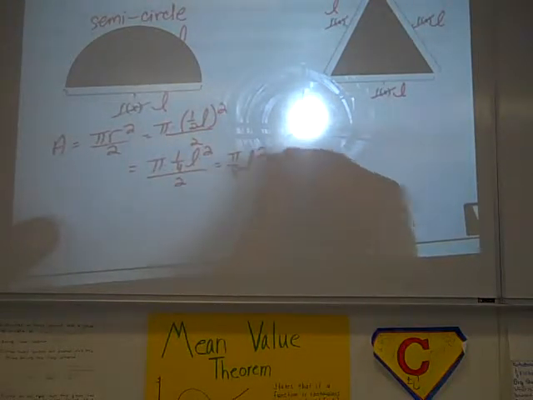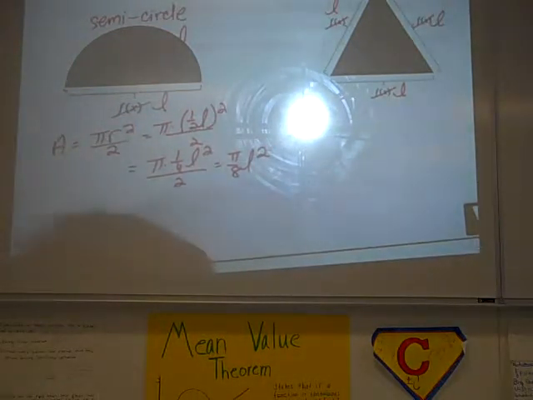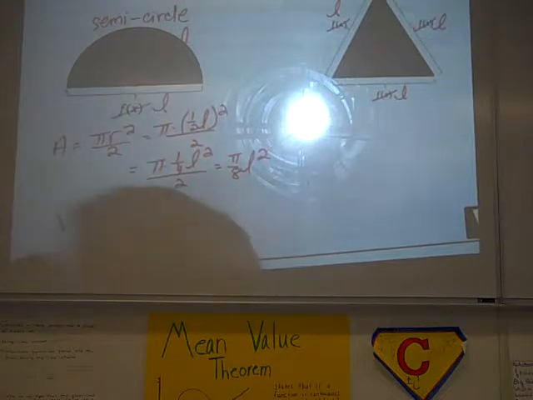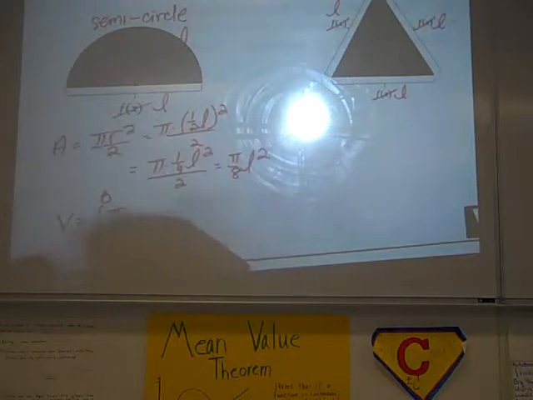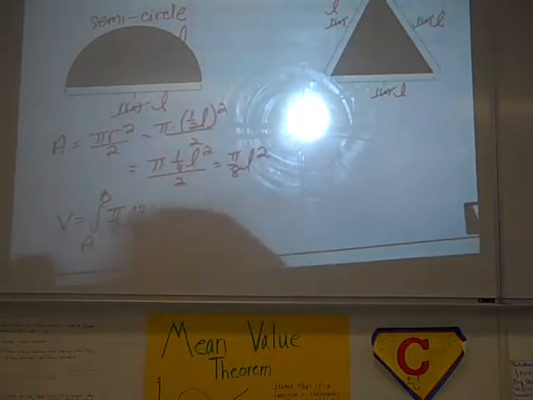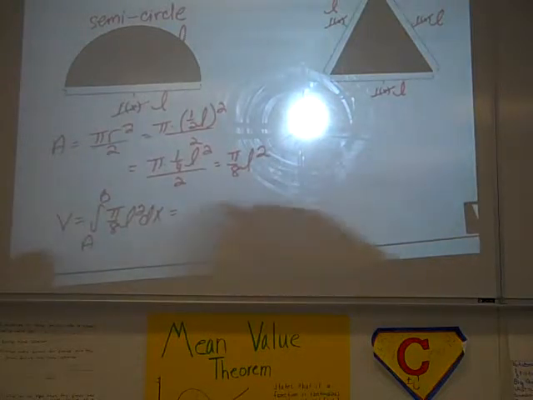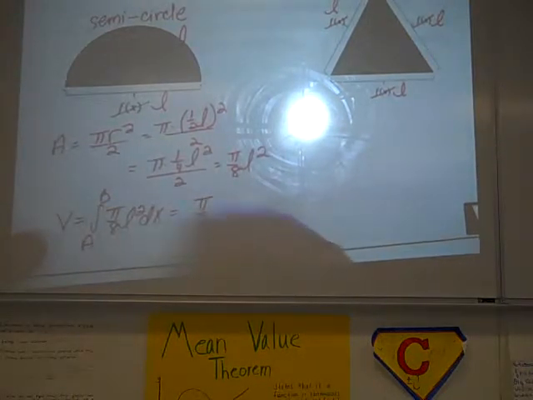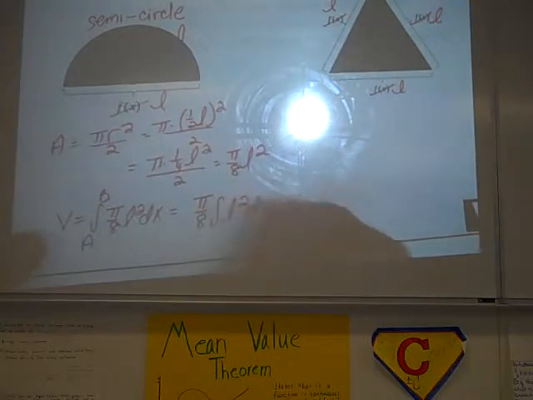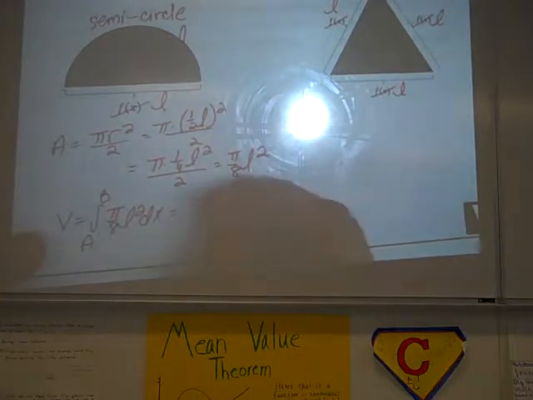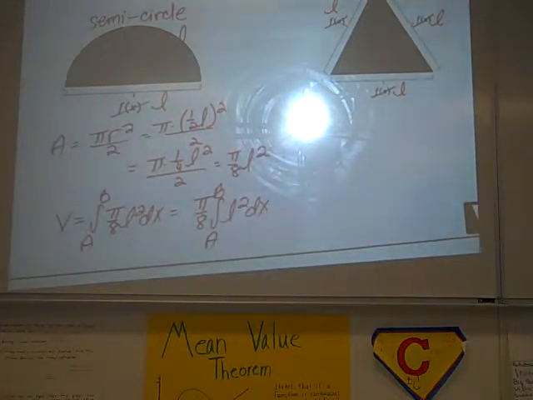We have pi over 8 L squared. Our volume then will be that we integrate from A to B, pi over 8 L squared dx. Since that pi over 8 is a constant, we get to factor that out, and we get L squared dx from A to B. That's the formula for your semicircle.